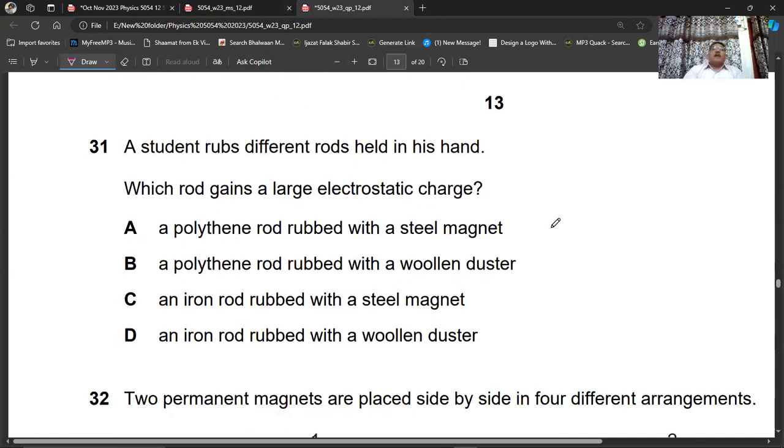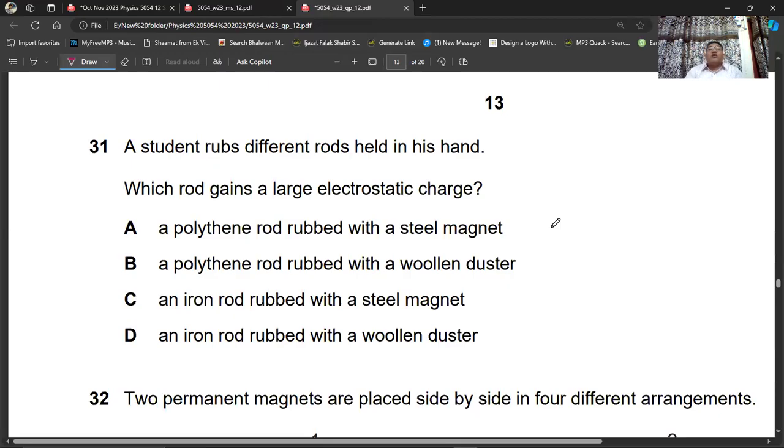Question number 31. A student rubs different rods held in his hand. Which rod gains a large electrostatic charge? You see, by rubbing, you are able to charge those objects which are insulators. So when you rub two insulators with each other, you can produce charge on them.